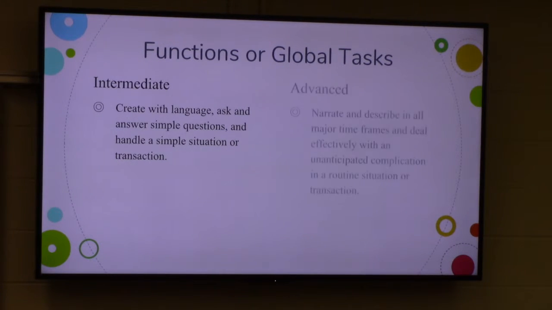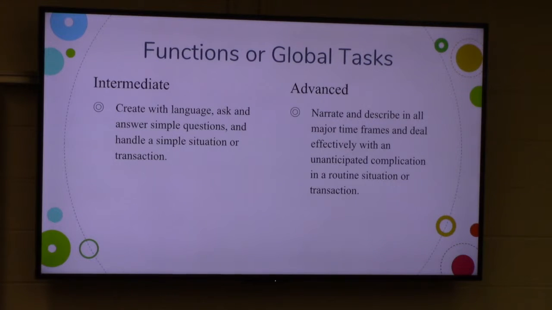Okay? For advanced learners or advanced speakers, they can narrate, they can describe in all major time frames. Okay? And they can deal with complicated situations. Of course, it's unrehearsed. Okay?